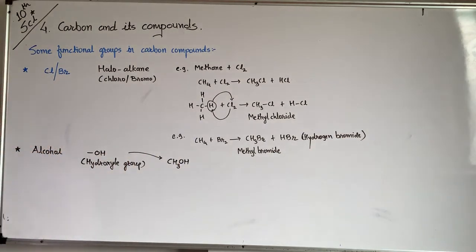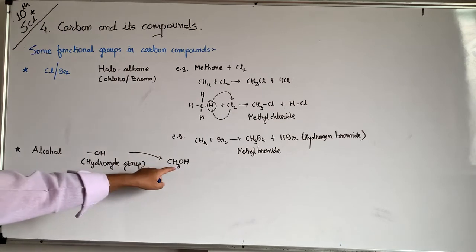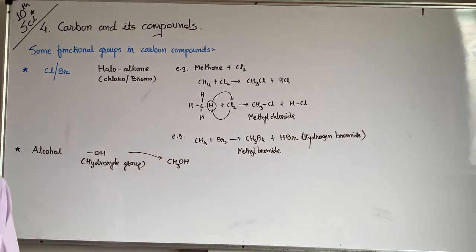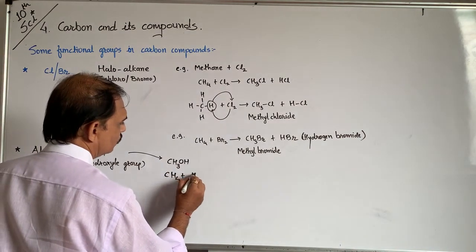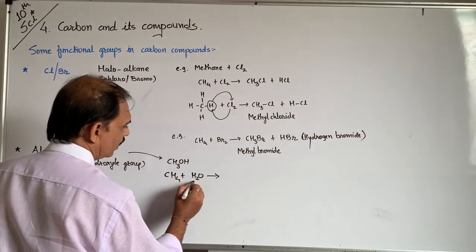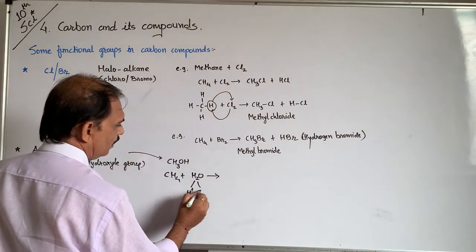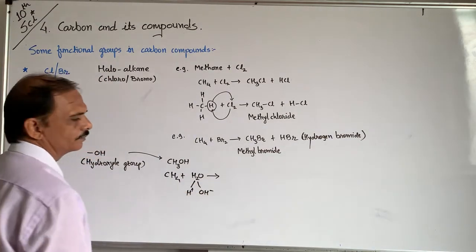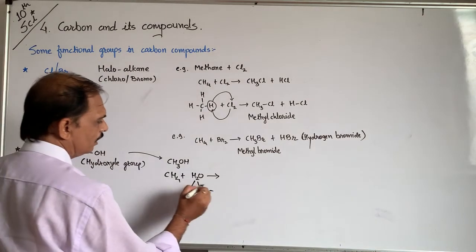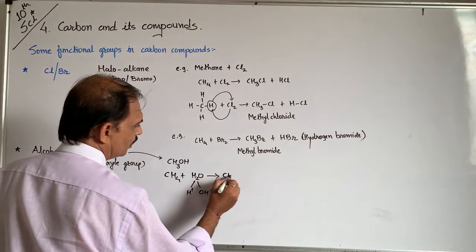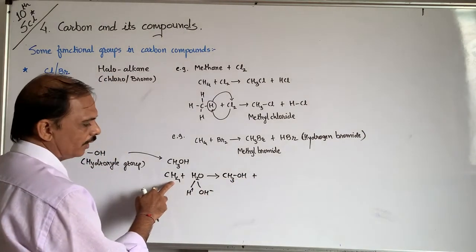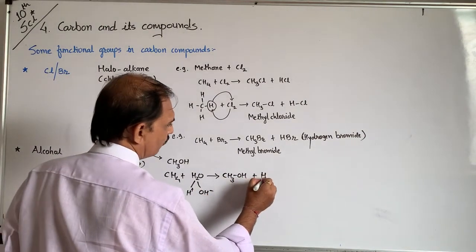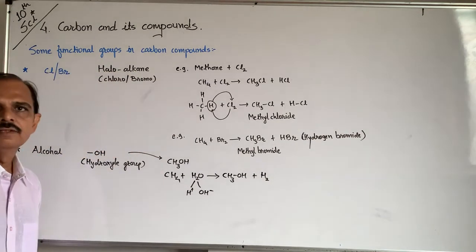One hydrogen is removed and CH3OH is formed. As for example, CH4 plus H2O gives what? H2O contains hydrogen ion and hydroxide ion. From here, one hydrogen is removed and this reacts with OH, so it forms CH3OH. The removed hydrogen reacts with the other hydrogen and forms hydrogen gas.